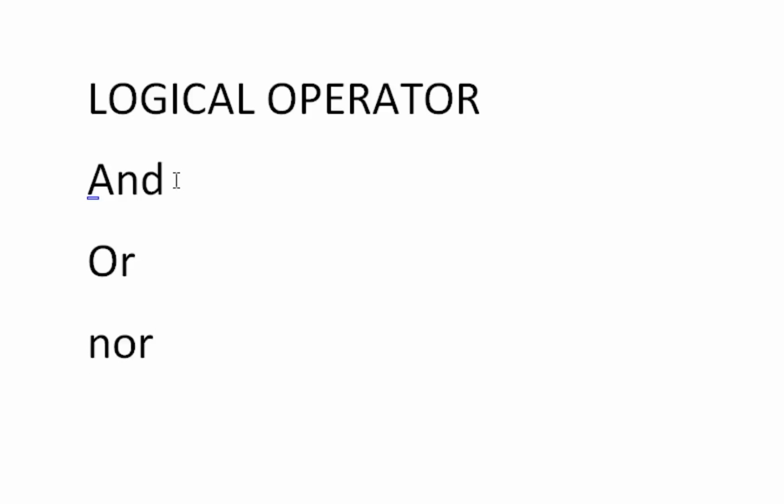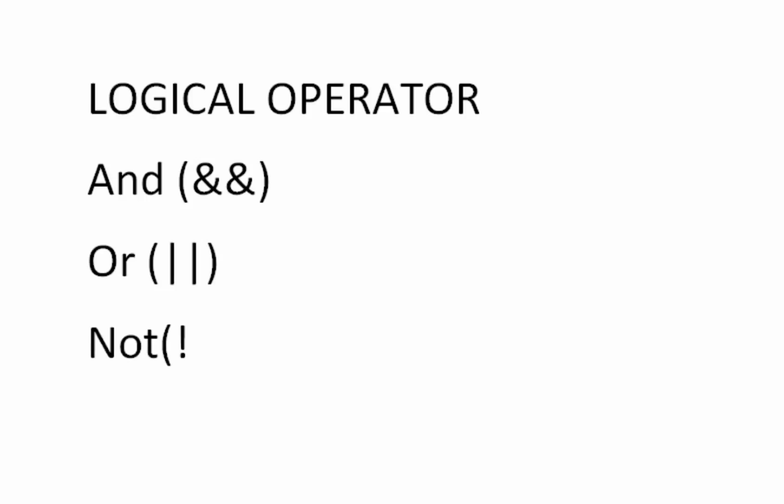The symbol of AND is double ampersand, and the symbol of OR is double vertical bar. For NOT we have the exclamation symbol. These are all supported in C.